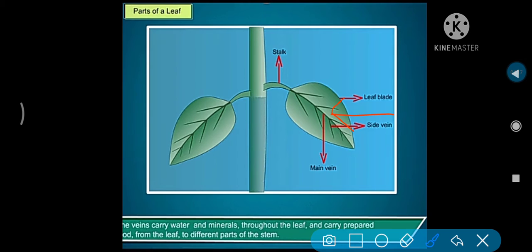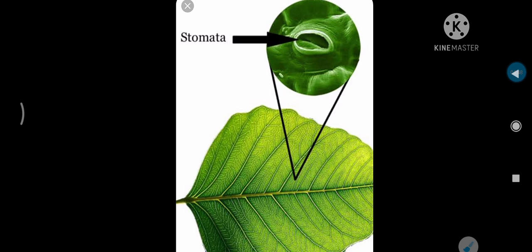So this is the main vein and these are the side veins. Veins are very important to the plant because veins carry the water and the minerals to the leaves, and also when the food is prepared, the veins carry the food to the different parts of the body of the plant. Okay, children? So this was the structure of a leaf.